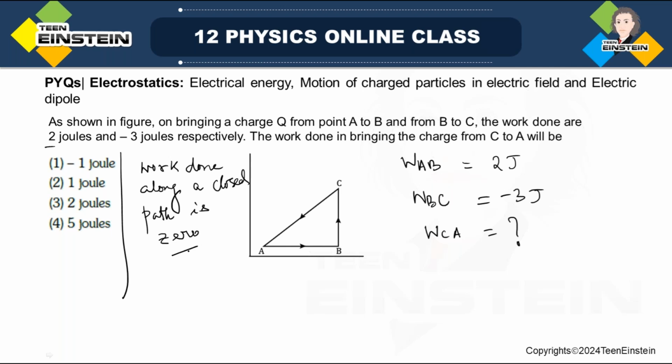Work done along any closed path due to electrostatic force will be 0, because electrostatic force is a conservative force.